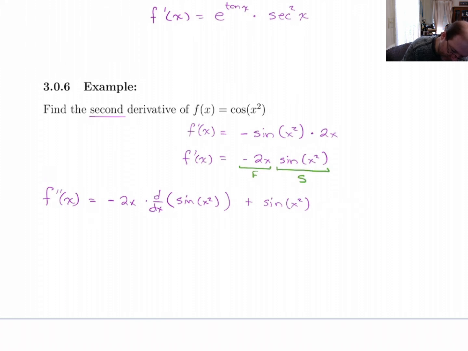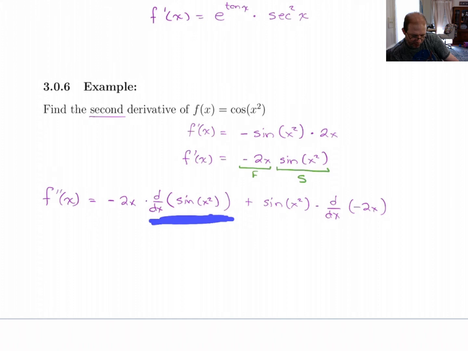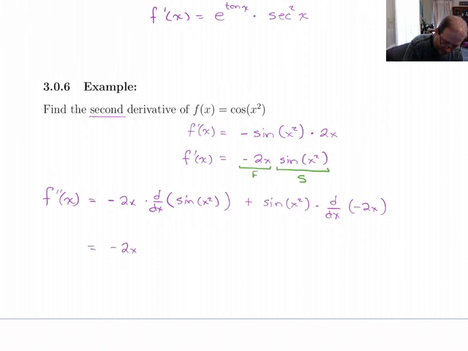Actually, let me be consistent. Times the derivative of -2x. All right. So now we have to do these two derivatives. This derivative is going to involve using the chain rule because it's nested. This derivative is going to be easy. It's just -2. So the derivative of this is going to be cosine of x squared times the derivative of the inside function.